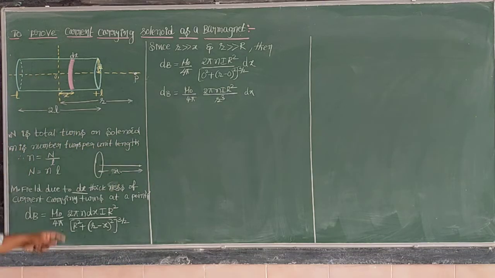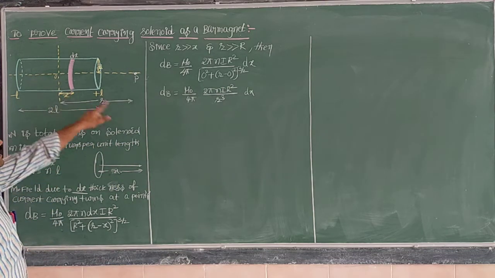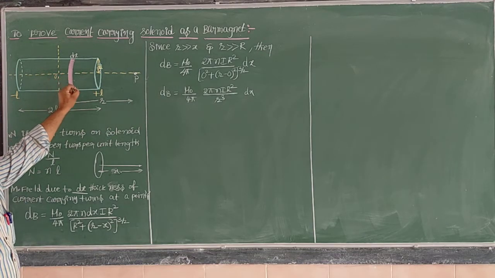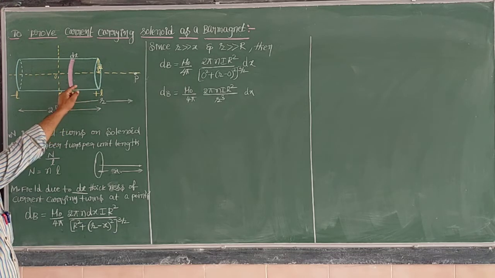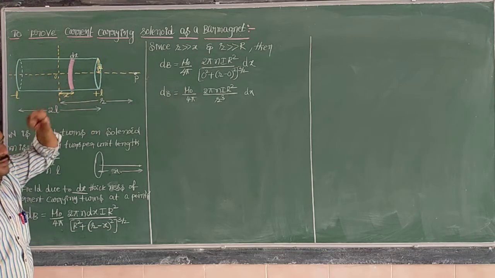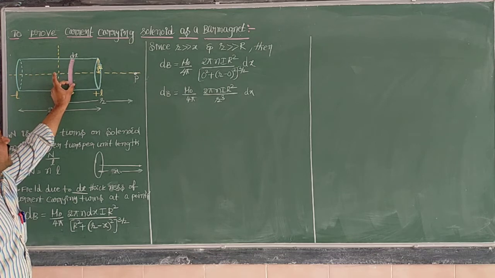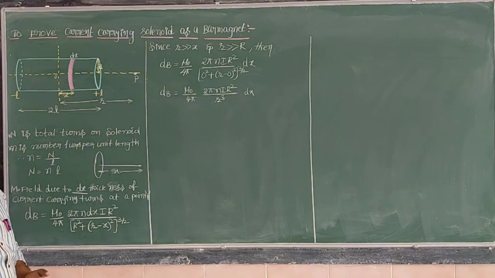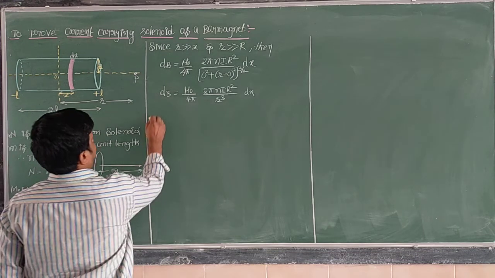Now this is the magnetic field due to the dx thickness of number of current carrying turns at a point P. Due to these current carrying turns at this point, the magnetic field is nothing but this much.